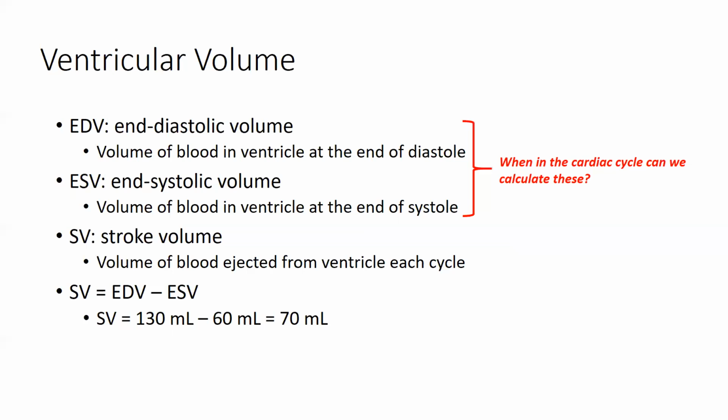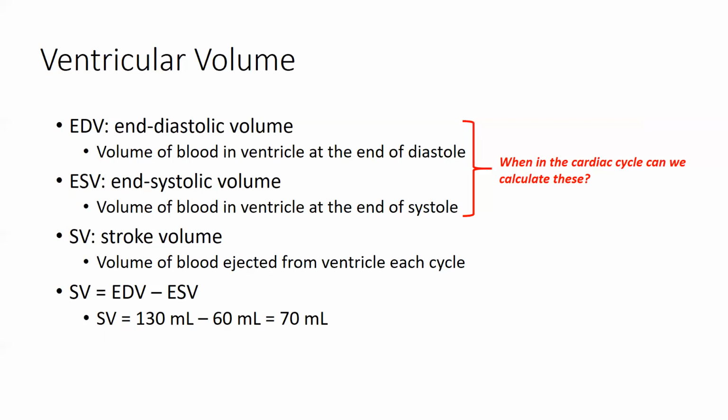Now, stroke volume is the amount of blood that has actually been ejected. How much blood was actually pumped into that vessel? That is going to be your end diastolic volume, which is all the blood you filled, minus your end systolic volume, which is what's left after you've ejected. I'll say that again.